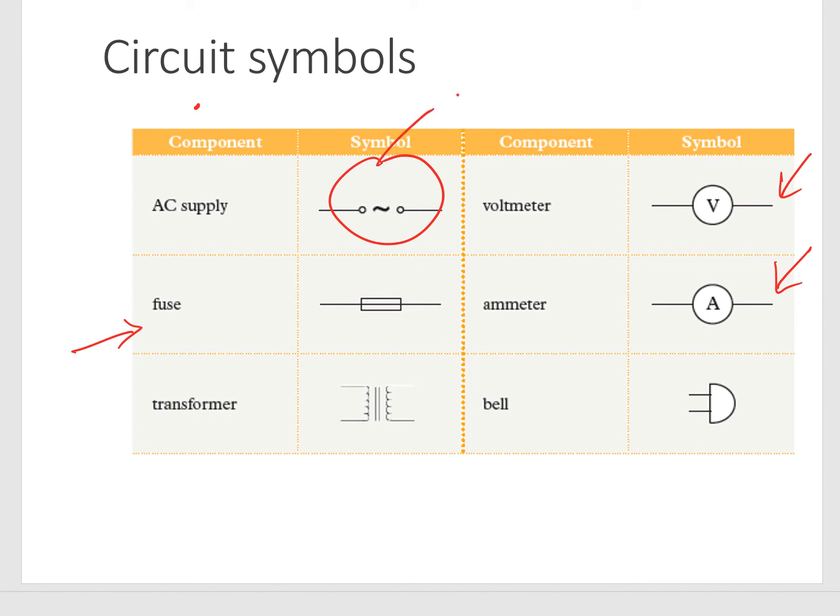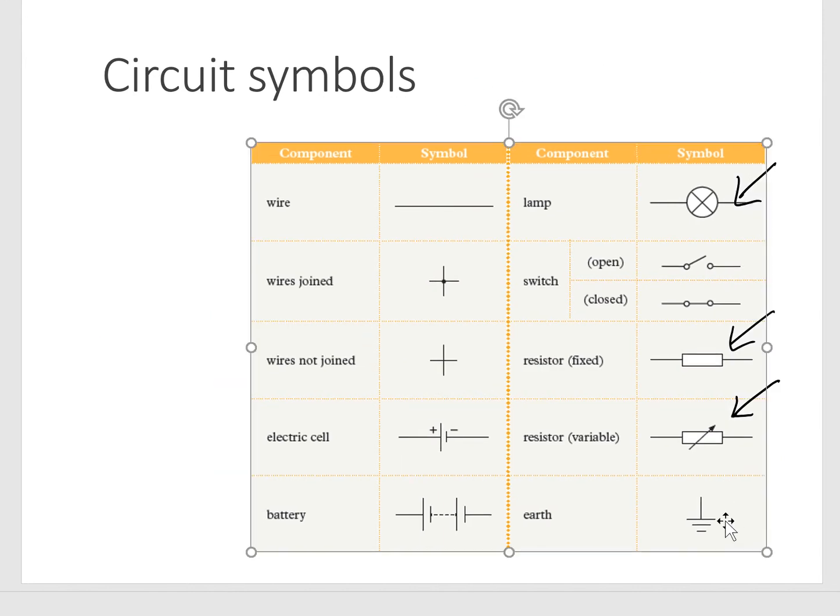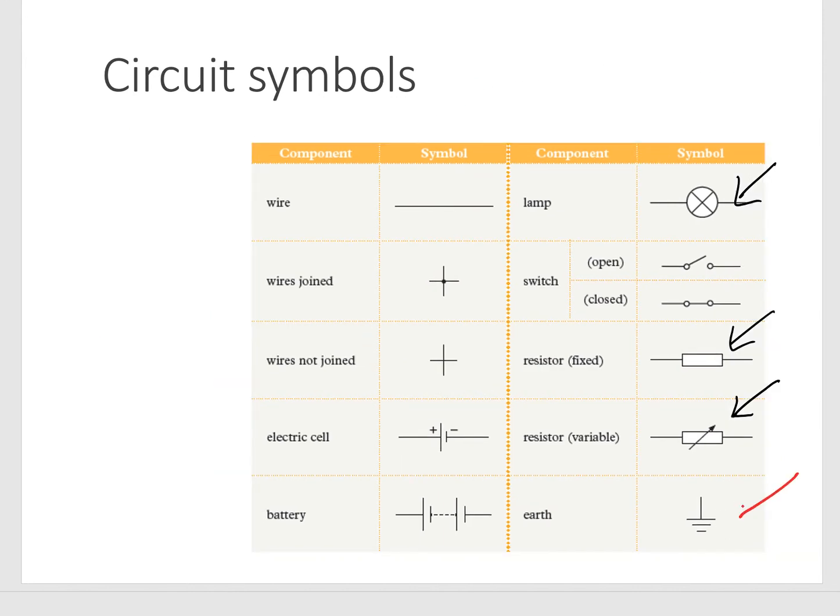The current that's flowing in our house is alternating current. If I want to show the energy supply, let's say from your socket, this is the symbol that I will use. This is for earth, that is in the chapter of practical electricity. We'll talk about that later.